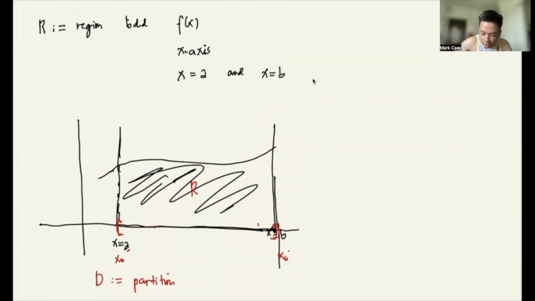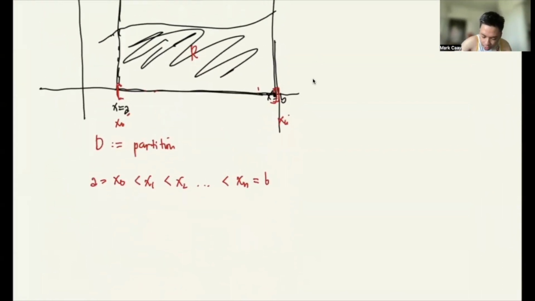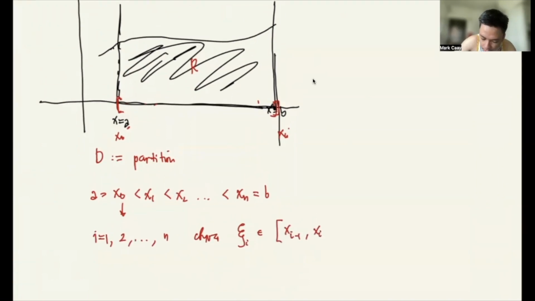For each i, an index of these partitions, let's say i equals 1, 2, up to n, let's say we choose chi sub i, an element of the closed interval [x sub i minus 1, x sub i]. So we pick an element chi sub i there.